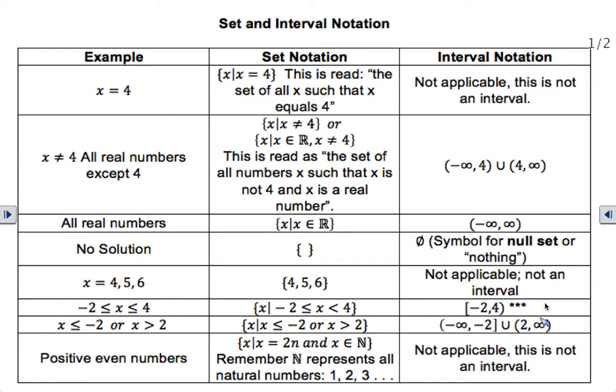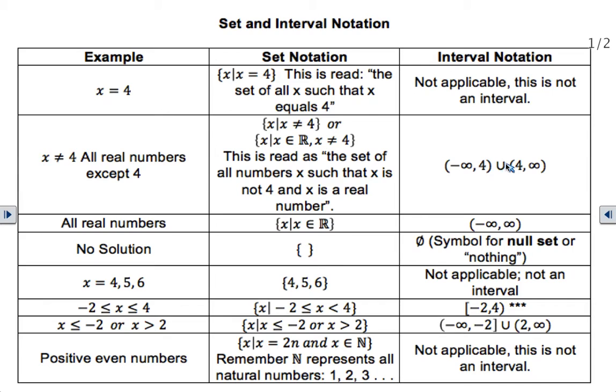The biggest difference is that there are lots of different possible options with set notation. With interval notation, it's pretty much parentheses or brackets. You can see you have a bracket here or parentheses here, and this is a conjunction here saying and.